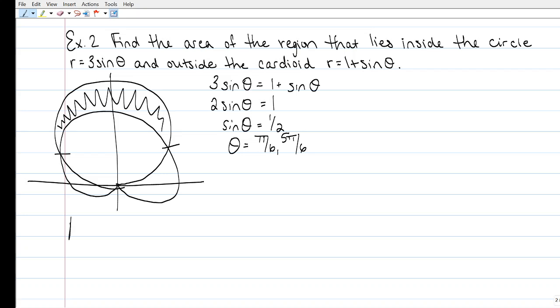So let's try it. Area is equal to the integral from a to b, so the integral from pi over 6. And actually, I'm only going to integrate to pi over 2 because I notice my two side areas are symmetric. So pi over 6 to pi over 2, and I need a 2 out front.